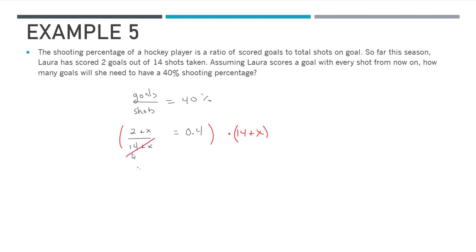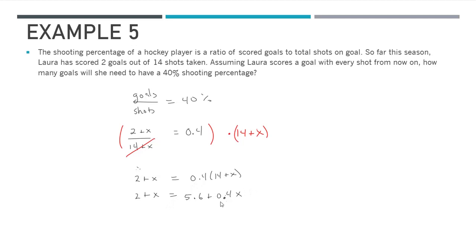Now on this left side, that cancels out then, so we're just left with 2 plus x, and on the right side we have 0.4 times 14 plus x. There's nothing I can do on the left side to simplify, but I can distribute this 0.4, so I get 5.6 plus 0.4x, and now I can start solving for x.